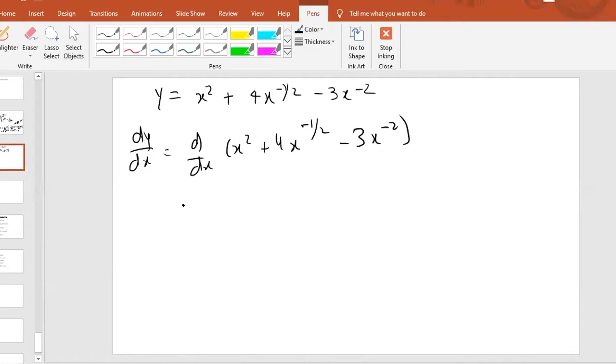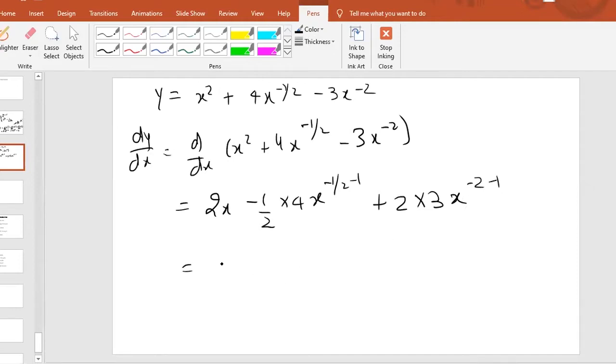We differentiate them separately, so we'll get what? Differentiation of x square is 2x. Differentiation of 4x power minus half is equal to minus half into 4 x power minus half minus 1. And if you take minus 2 in this side, we'll get plus 2 into 3 x power minus 2 minus 1.